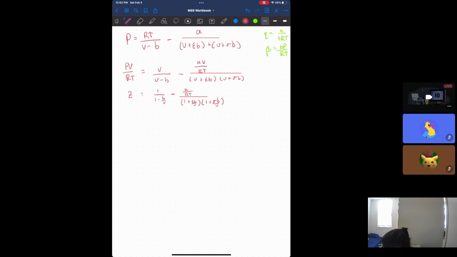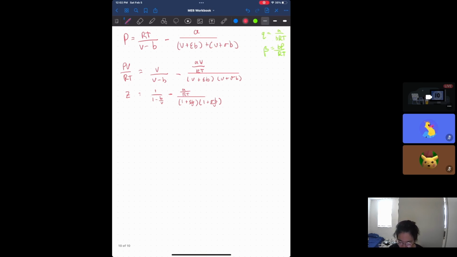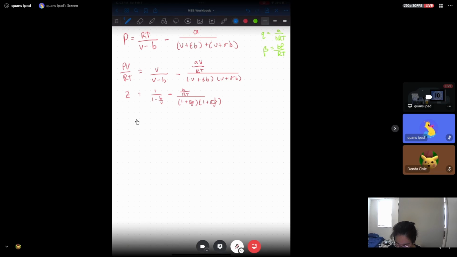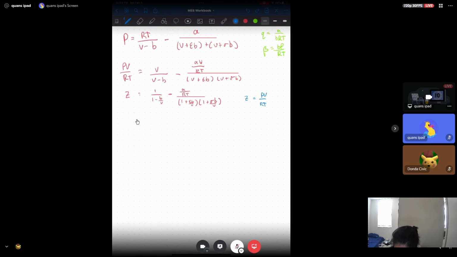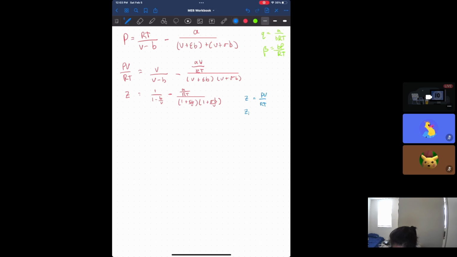Now, when we look at this expression, what could be the next step we can take? Well, recall that z is equal to pv over rt, and we still have some v's in the expression. So let's move the expression around and see if we can get that equivalent to v. We can now say that z rt over p is equal to v.